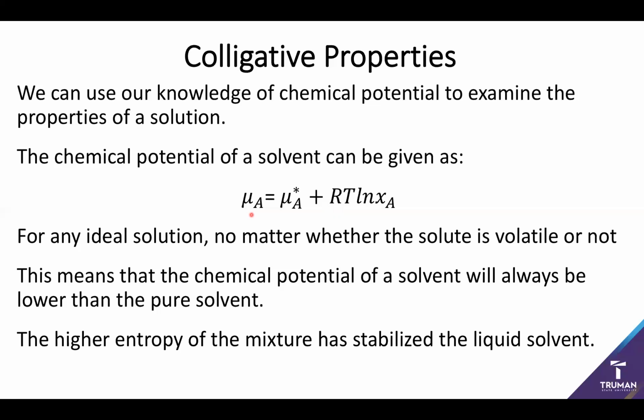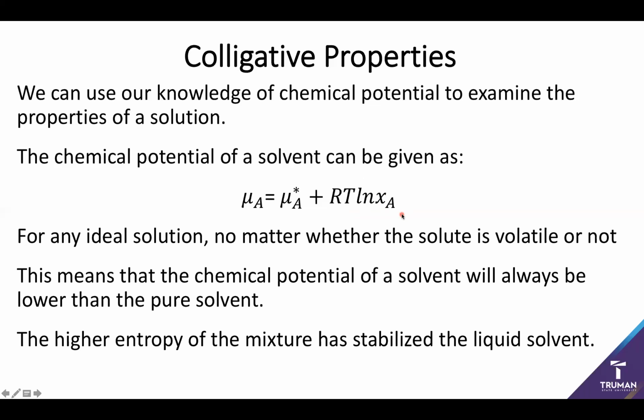And since we're looking at an ideal system, we're assuming that the intermolecular forces haven't been disrupted that much, which is one of the things to make note of when assuming an ideal solution. But remember that when we're talking about solvent systems, where our mole fraction is relatively close to 1, this is a pretty good approximation.